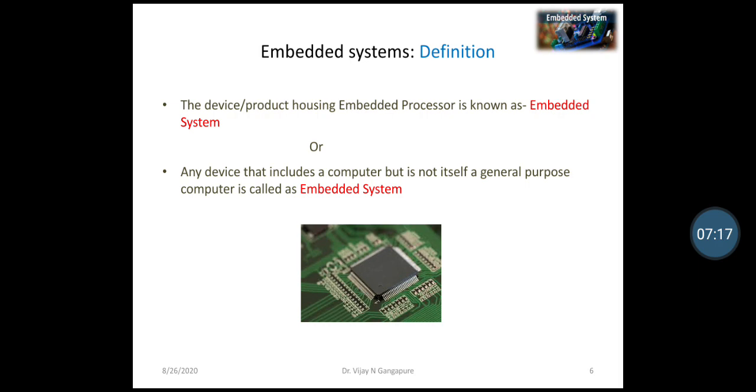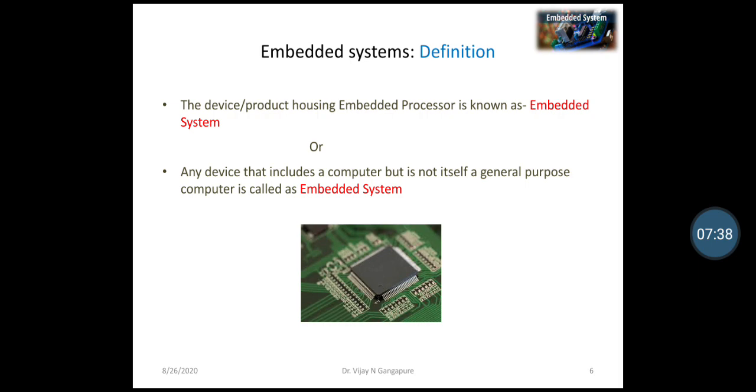That means any device or any product inside which there is a microprocessor or a microcontroller controlling the overall functionality of that product or device, that is known as an embedded system.